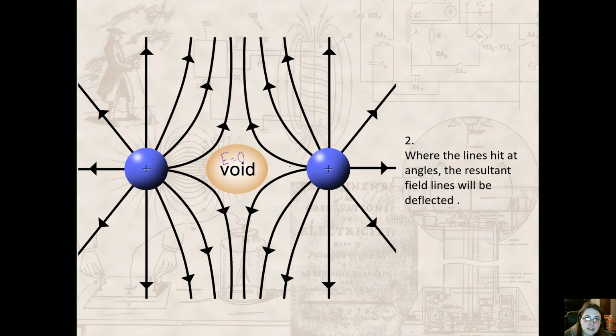That's because this and this meet head on and they equal 0. Like -1 plus +1 is equal to 0. They are equal and opposite, and they cancel each other out. And then the rest are deflected away.